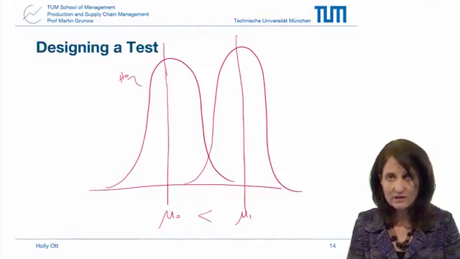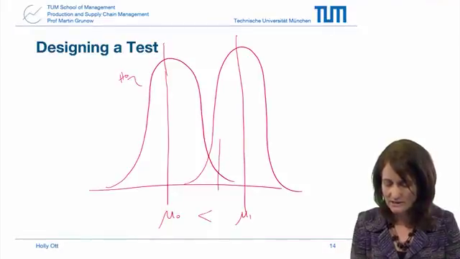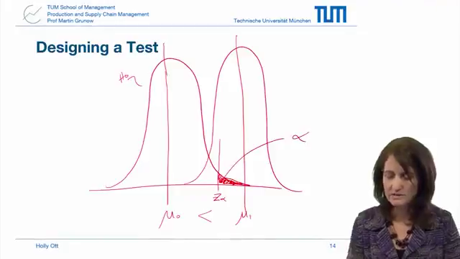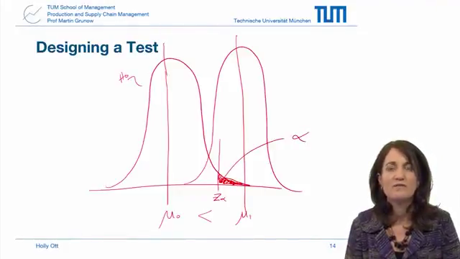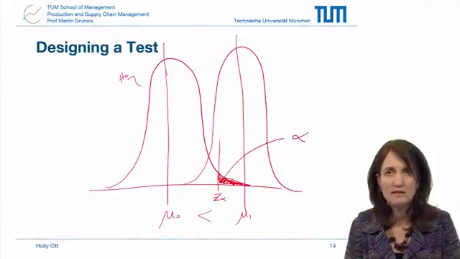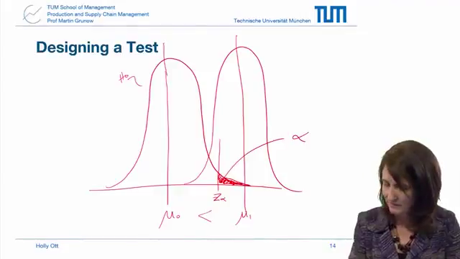And we have decided to choose, you remember, an alpha level, a Z alpha level, such that this value here is very small. This is that we have a low probability of accepting the claim when it is not valid.